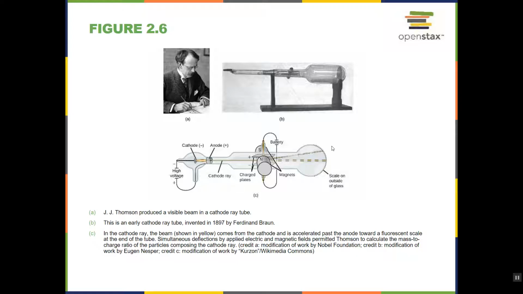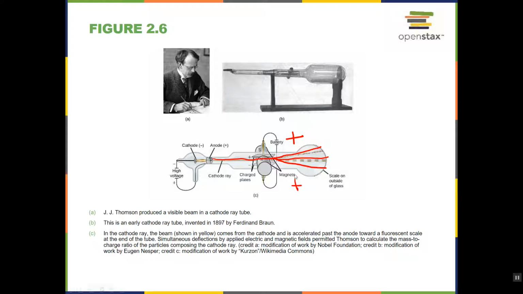You've got these magnets here, and if you were to apply a positive charge on this side, it's going to attract the beam. The beam would normally be going straight through here. But if you put a positive charge here, you would see the beam bend towards the positive charge.